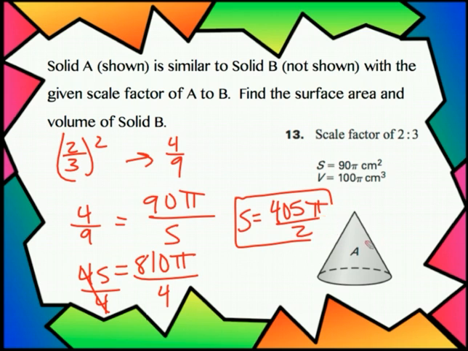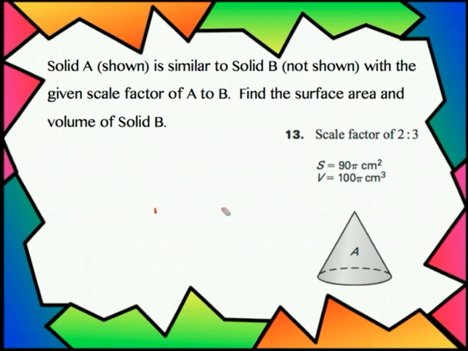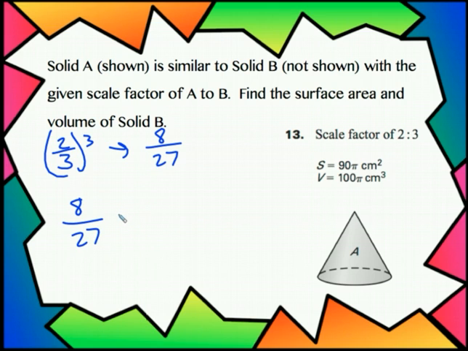So we can do volume. So volume's going to be 2 over 3 cubed, which is 8 over 27. So 8 over 27 equals 100 pi over, well, sorry, I should use volume.